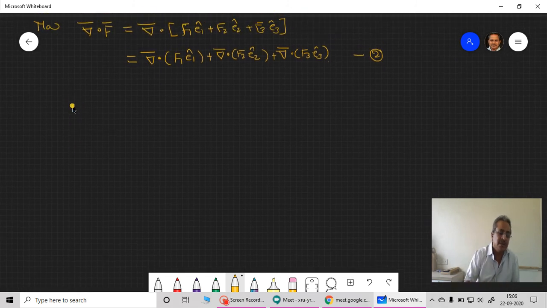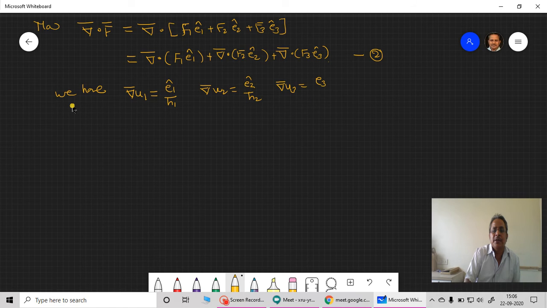I have got this, and already we have seen in the last derivation that grad u1 is nothing but e1 cap upon h1, grad u2 is nothing but e2 cap upon h2, and grad u3 is nothing but e3 cap upon h3. We have already seen this in the last derivation. Refer to it there.